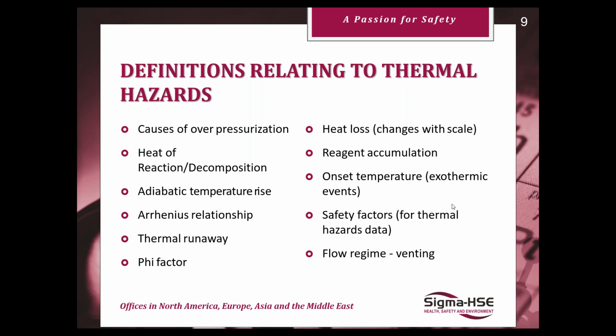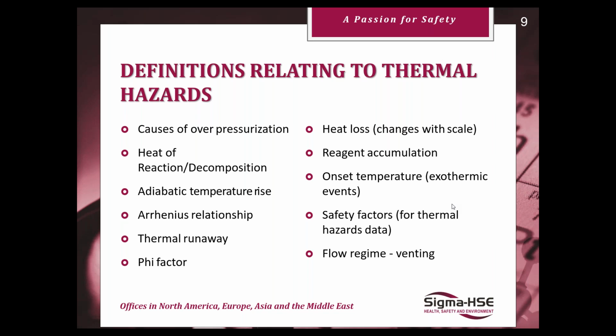Thermal runaway, as I've talked about before, is where a desired process, which may be out of control, is giving out a mild amount of heat, but this can then trigger a secondary decomposition reaction, which can run wildly out of control.